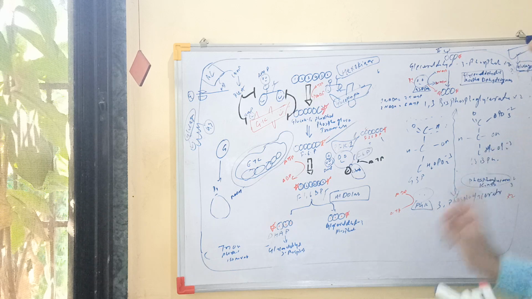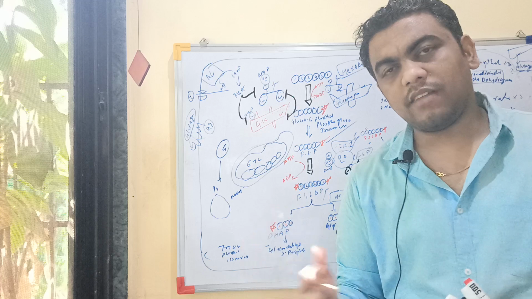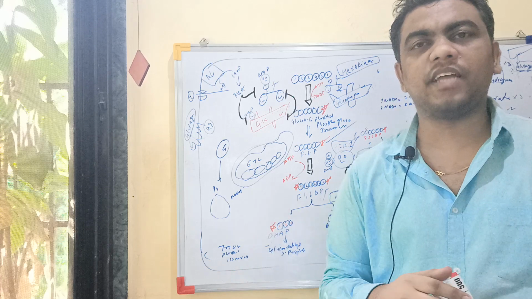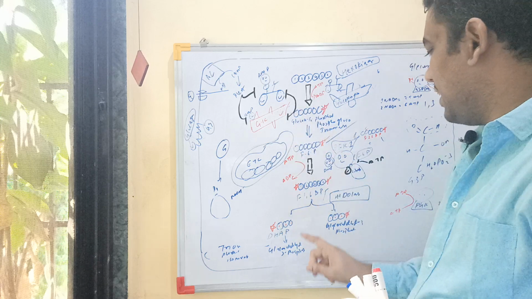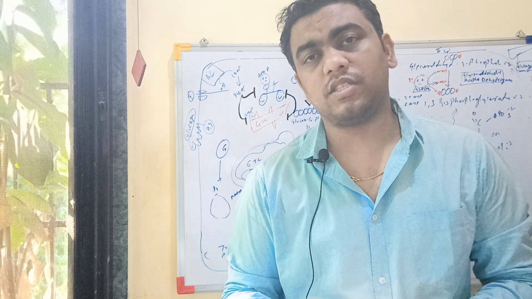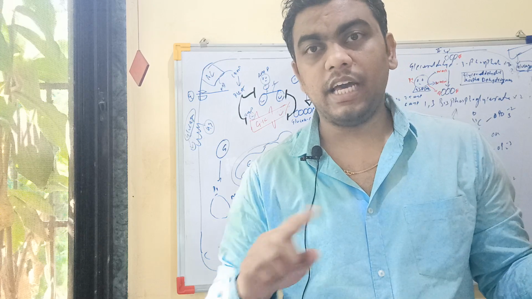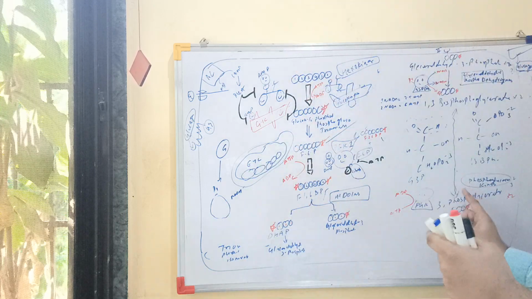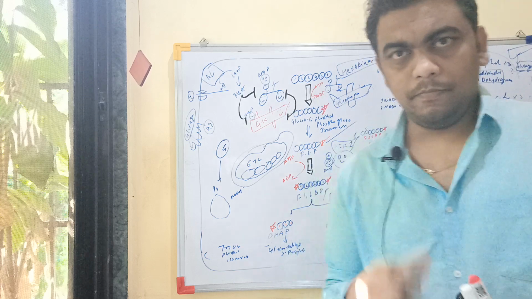So only this kinase in the whole glycolysis pathway is reversible. Otherwise, every kinase in the glycolysis pathway which we have talked about till now, which is hexokinase and phosphofructokinase, and one more kinase which will be coming, which is pyruvate kinase, these all three kinases are irreversible, but only this kinase, phosphoglycerate kinase, is reversible.